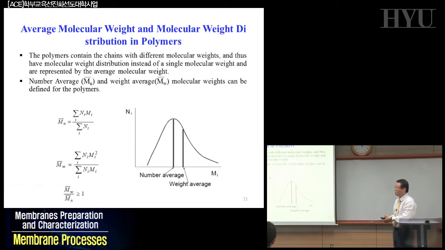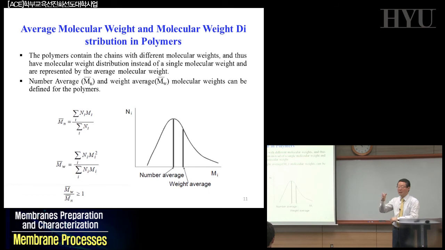This is the basic knowledge about the polymer, just in case. You have to think about the molecular weight. Okay? Molecular weight is important because if you make a polymer membrane out of low molecular weight components, you will not be able to make the films. You will not be able to make the membrane for the right geometry.